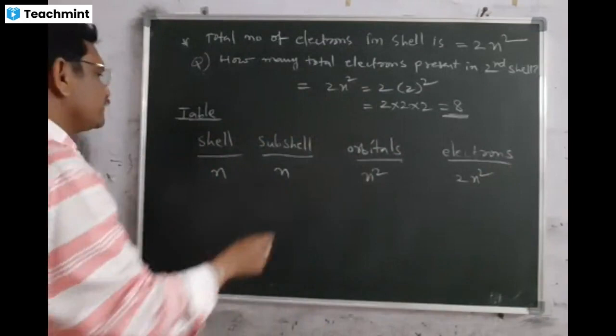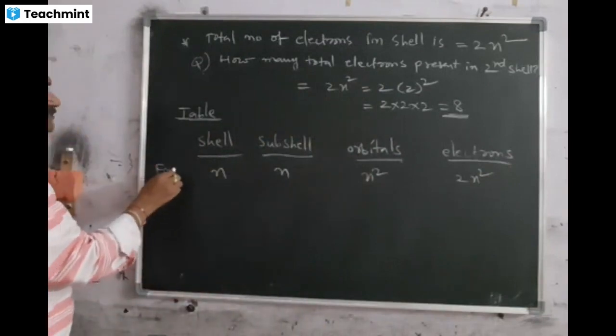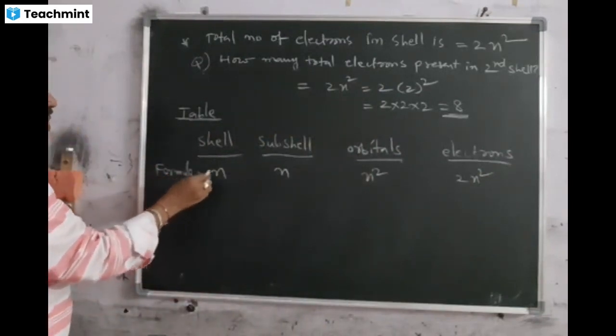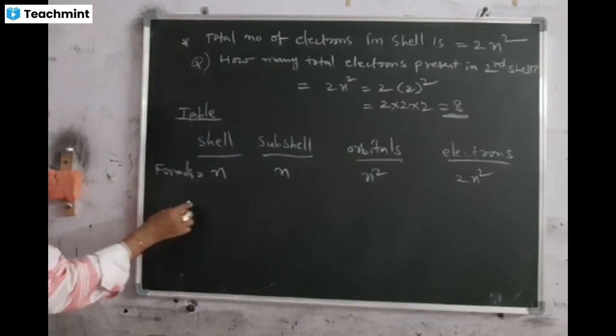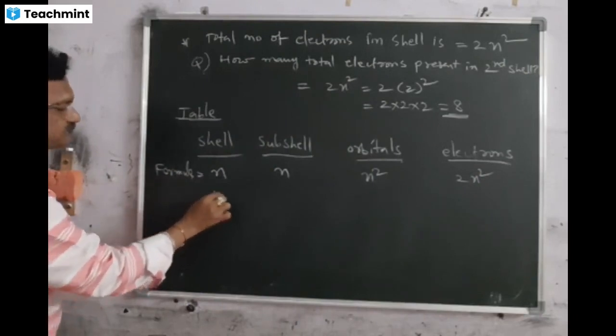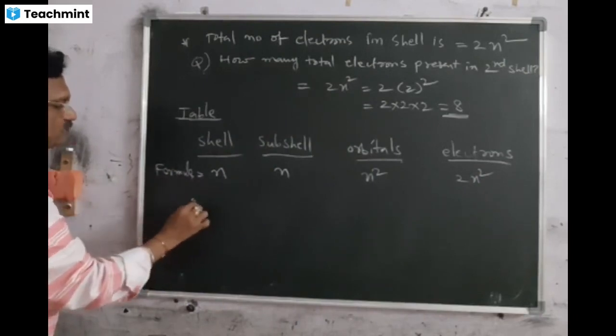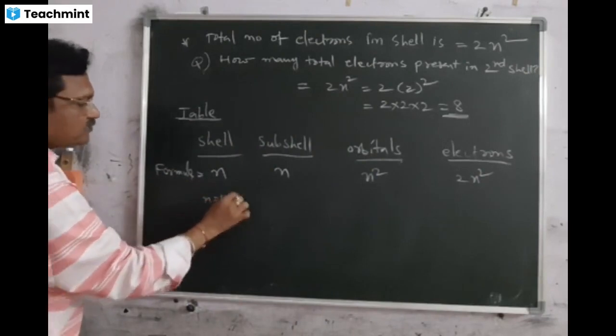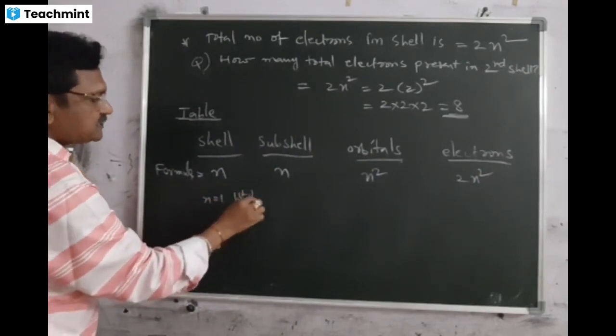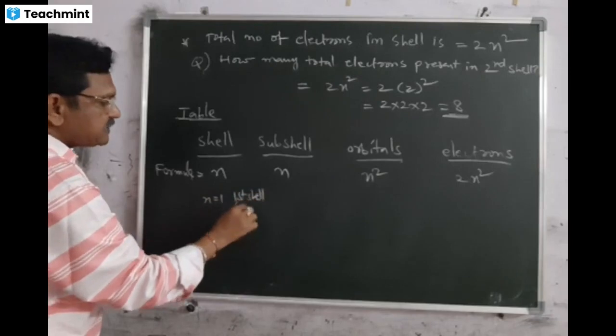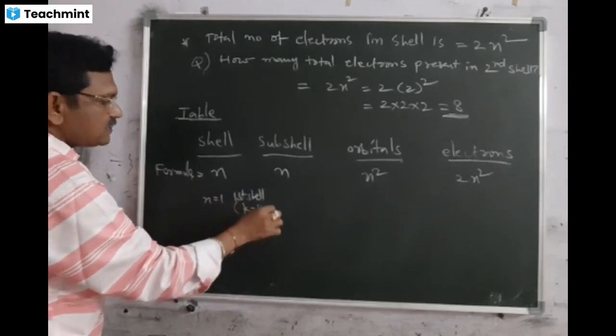These are the formulas we are using. For example, n is equal to 1, the first shell. The first shell is also called the K shell.